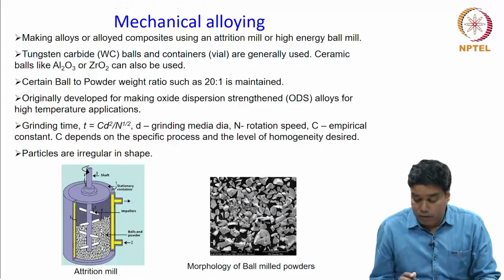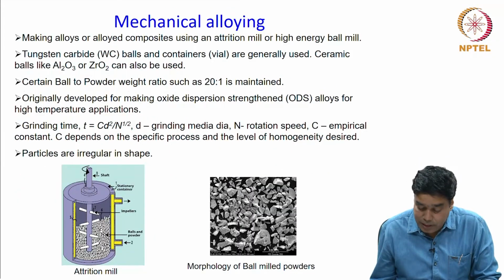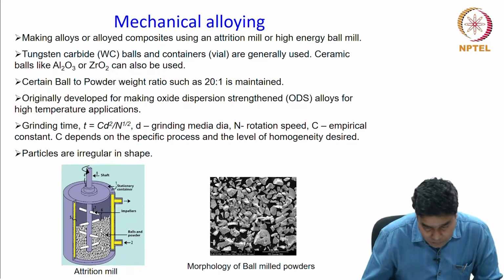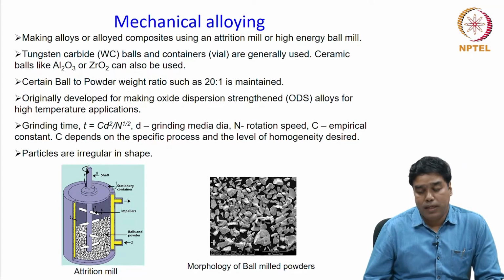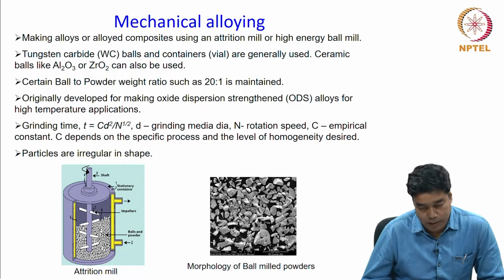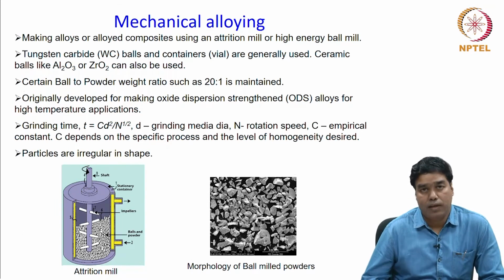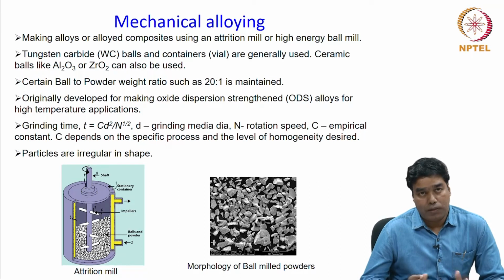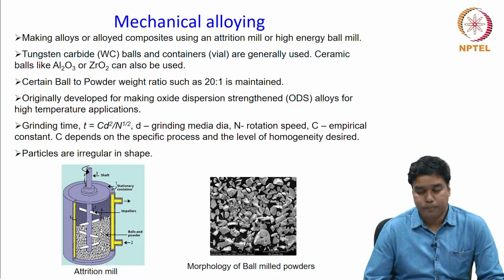Okay. But one of the advantages that you have in this process of ball milling is that you can combine different material and you can make an alloy, okay, or you can also make composites. If you are not making alloy and you simply want to combine 2 or 3 different materials, then you can combine them into a composite material.